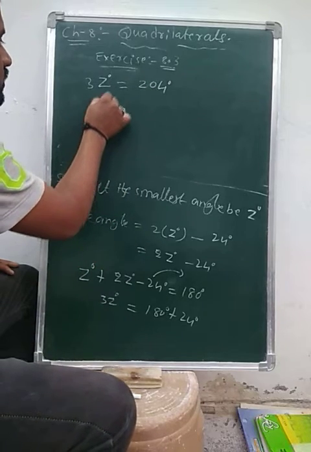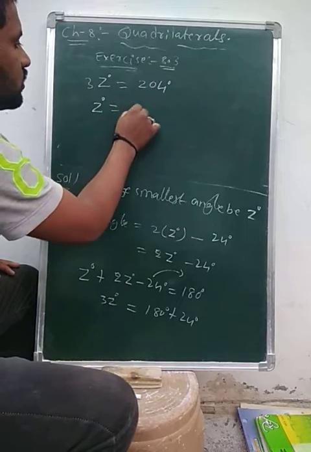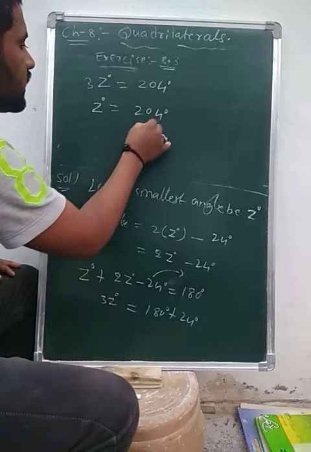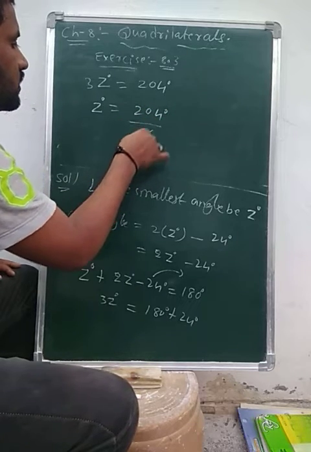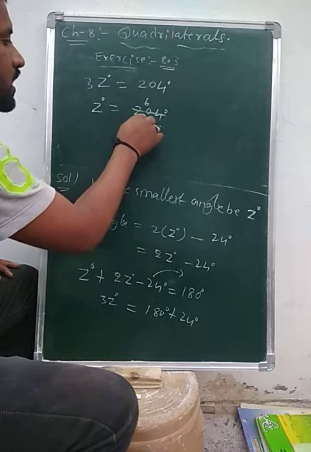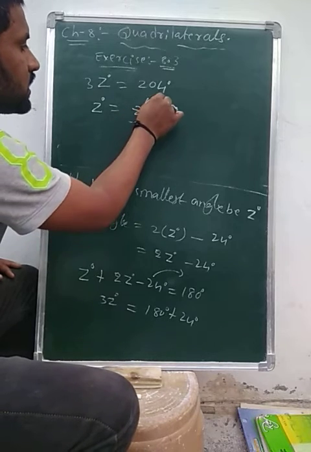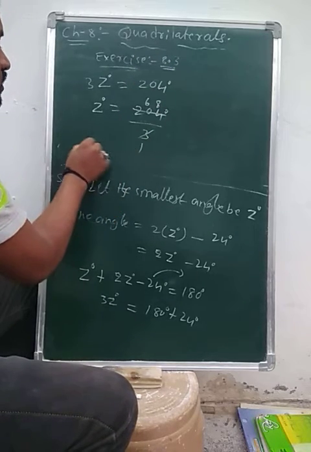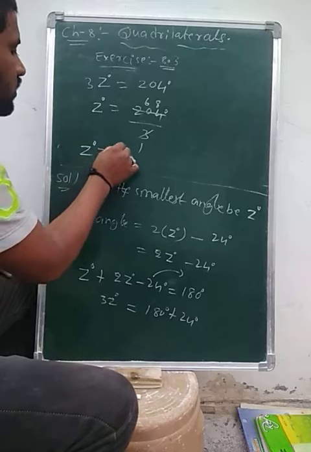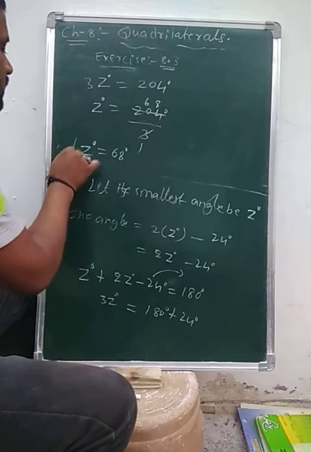Then z degrees equals 204 degrees divided by 3. 3 ones are 3, 3 sixes are 18, 3 eights are 24. So we get z degrees equals 68 degrees.